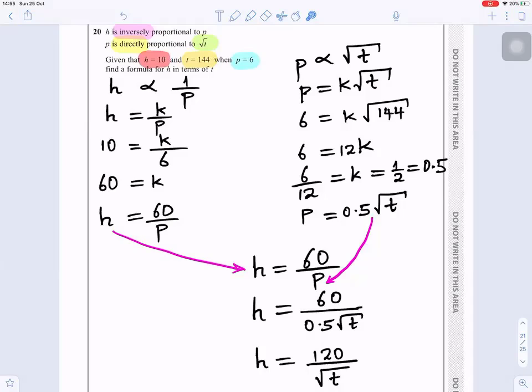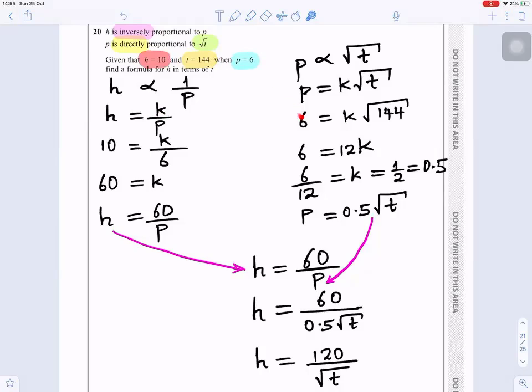Now, the second part says P is directly proportional to the square root of t, not t. So replace the proportional sign with equals and a k. So P equals k times the square root of t. See what we've replaced proportional with: equals k, same as for the first one. Now you sub in some values.